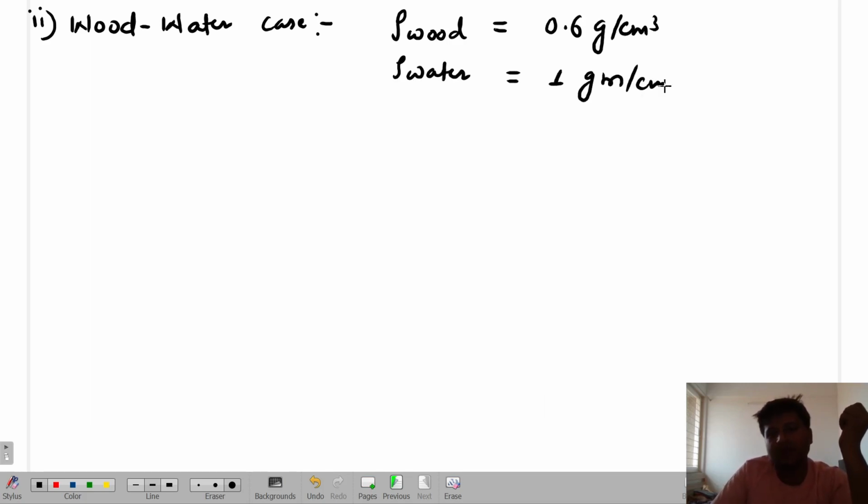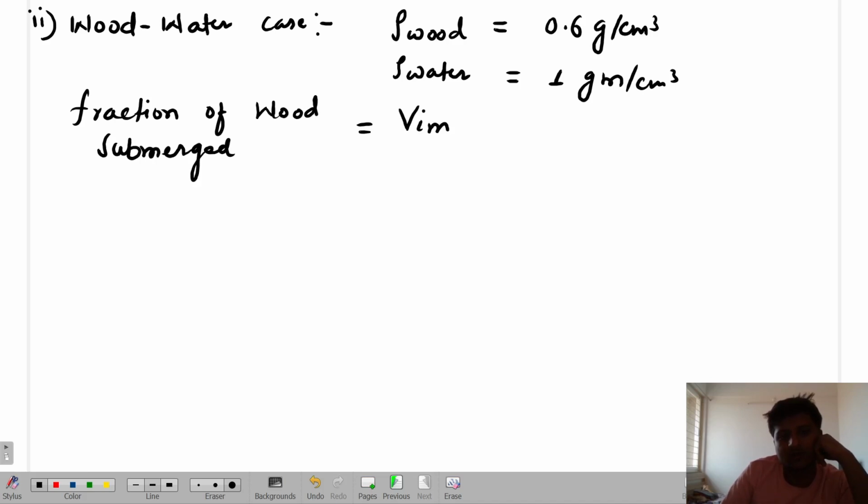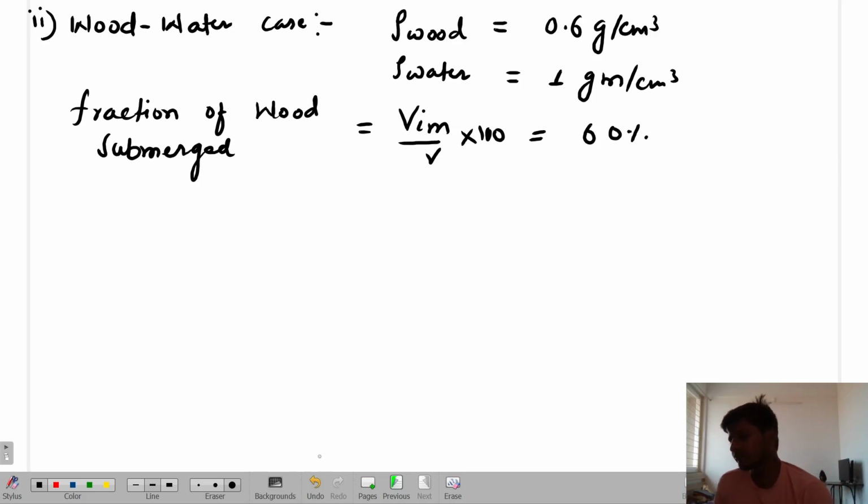So once again, if you find the fraction, it is 60% only. Volume immersed by V into 100% is equal to 60%. So what percent should remain? 60% of the volume should be inside the water.